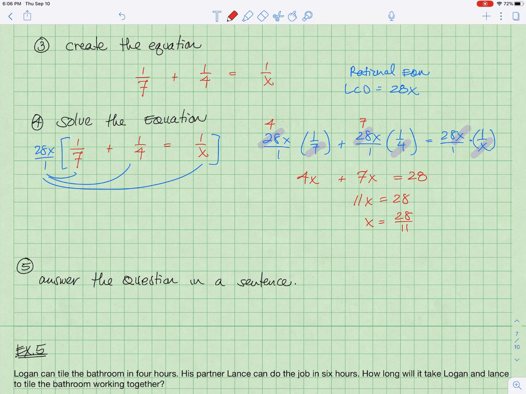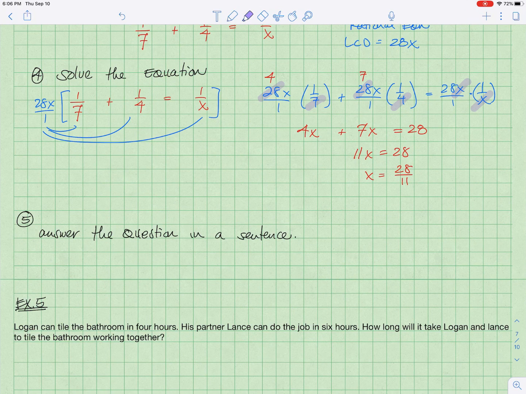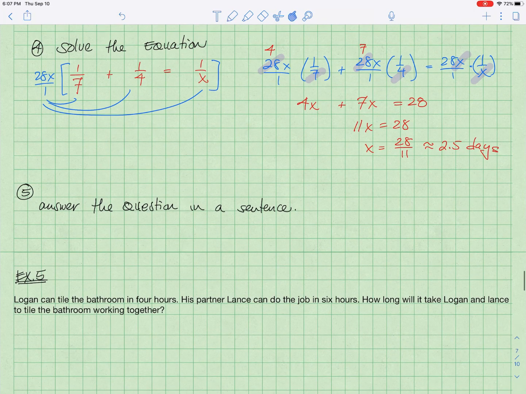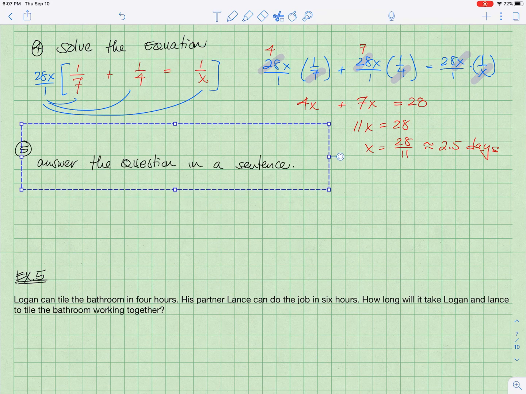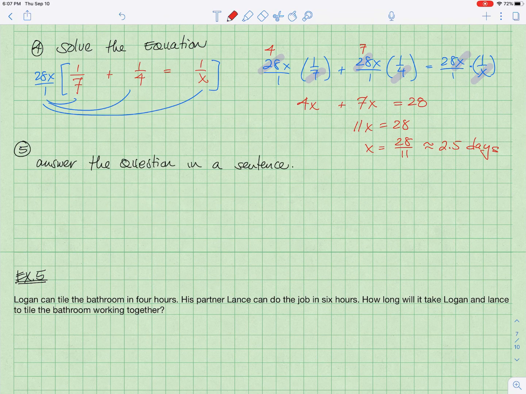And if we get out a calculator and we determine exactly how much that is, 28 divided by 11 should be more than 2, but less than 3, about 2.5 approximately. 2.5 days. So, in our last guideline, we'll answer the question in a sentence.